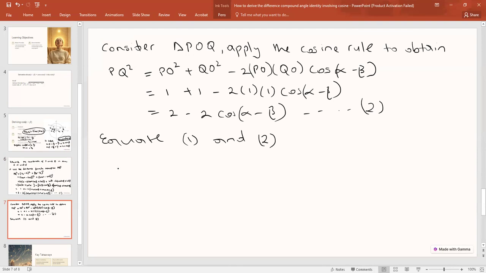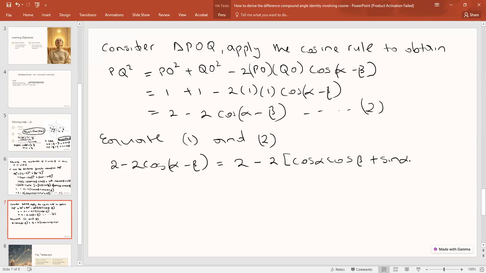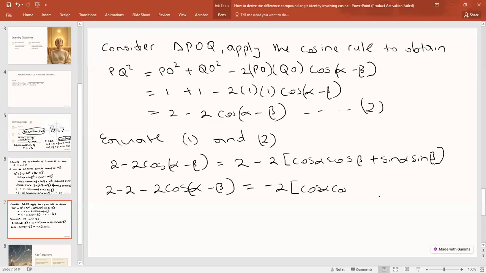So what happens now? We are going to obtain 2 minus 2 cosine of alpha minus beta equals 2 minus 2 times the bracket cosine of alpha times cosine of beta plus sine of alpha times sine of beta.